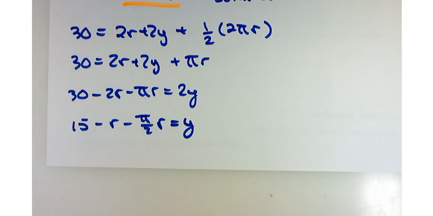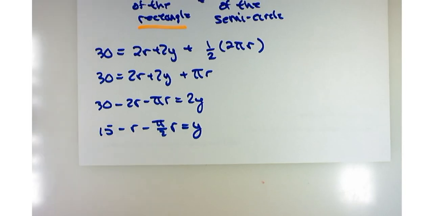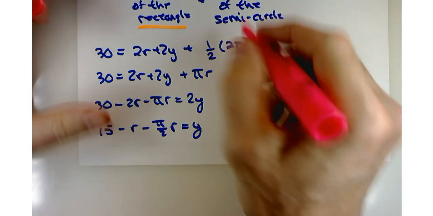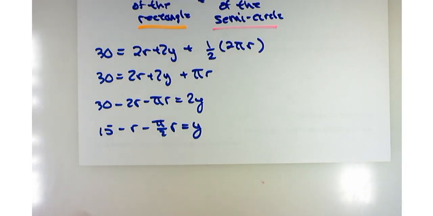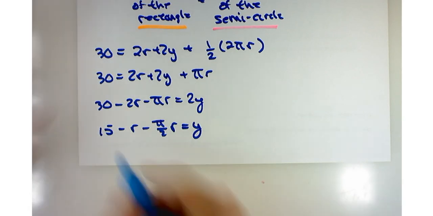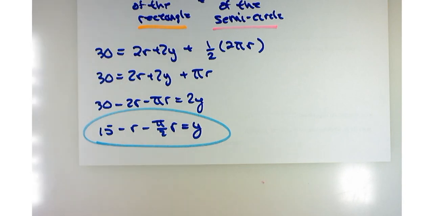So a lot of work to get this down to a function of just one variable. But this is my expression that I'm going to substitute for y. So how are we looking with that part? Now it's going to make our formula a little bit on the messy side. That's okay.